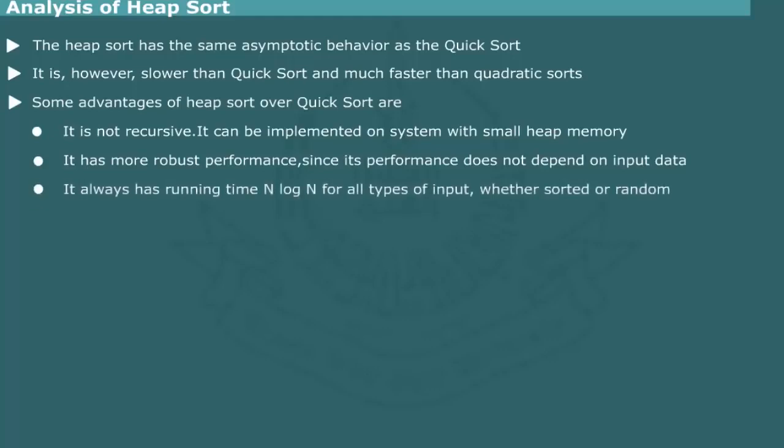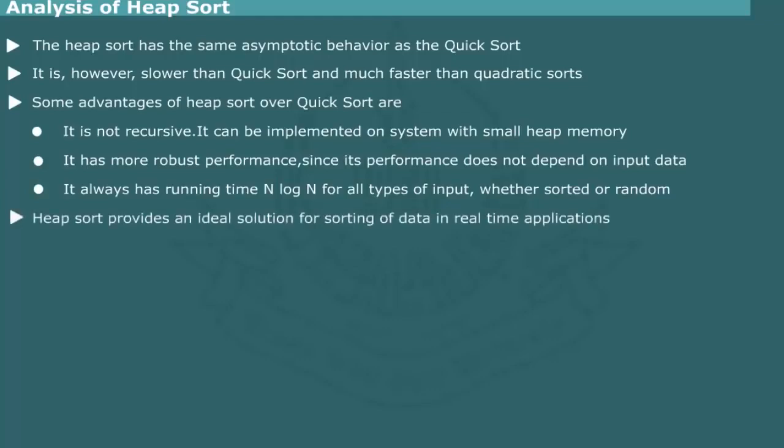It is always guaranteed to be proportional to n log n, irrespective of whether the input data is partially sorted or random. For such reasons, heap sort provides an ideal solution for sorting of data in real-time applications, because the order of input data cannot be predicted in such situations.